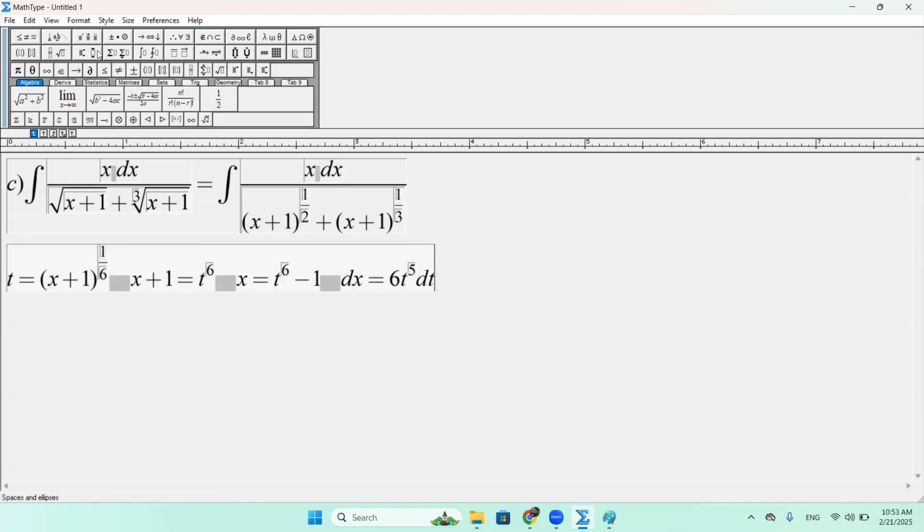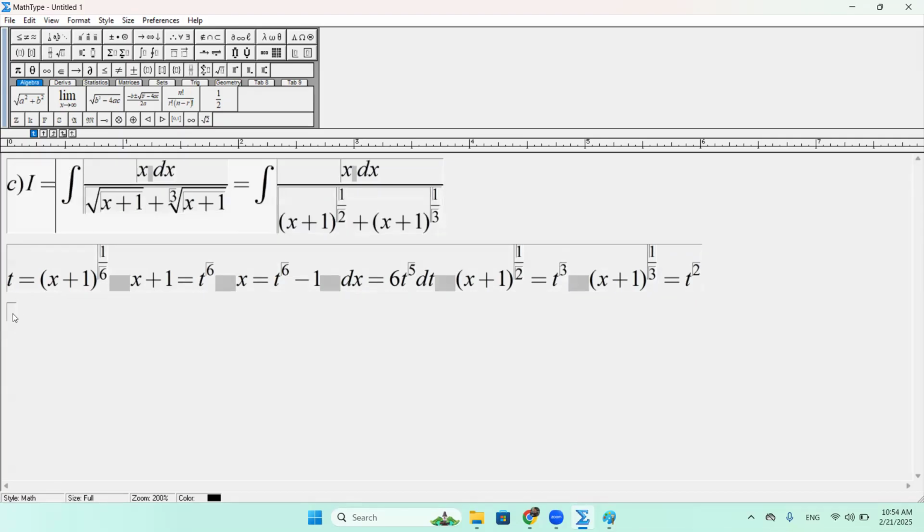Now, what about the expressions in brackets? So x plus 1 in power of 1/2 equals t cube. And x plus 1 in power of 1/3 equals t square. So everything is taken into consideration. Nothing is lost.